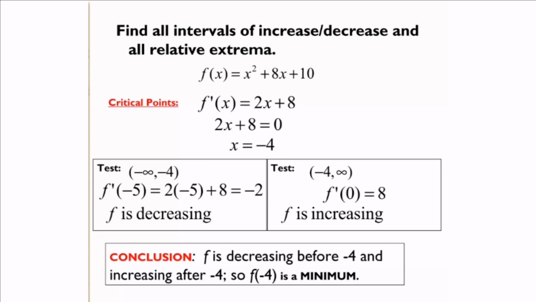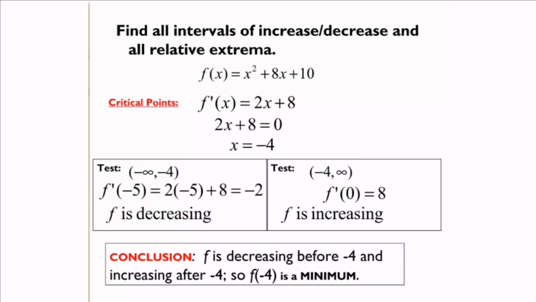So we find one critical number. This critical number divide all real line on two subintervals from minus infinity to minus 4 and from minus 4 to infinity. Now choosing test point minus 5 belong to first subinterval, and 0 belong to second subinterval.